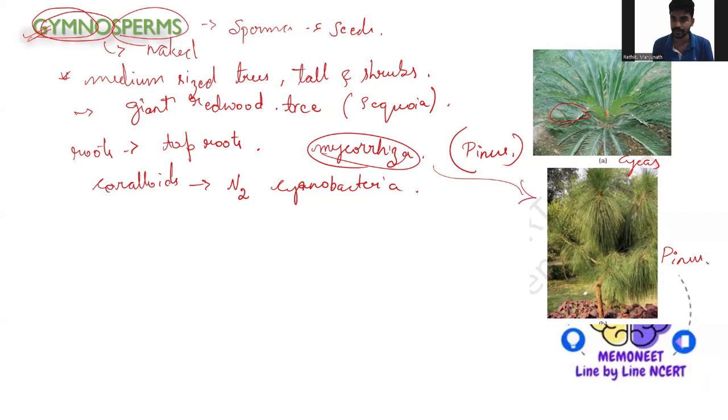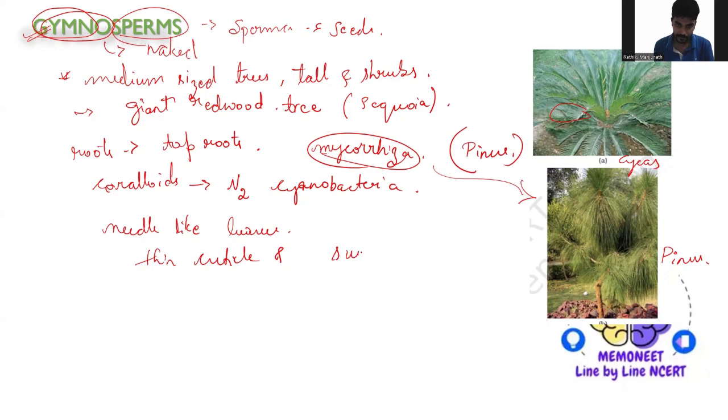When you see a conifer plant, the leaves will basically be needle-like structures, which reduce the surface area. This is one point. You can also see thick cuticles and sunken stomata.